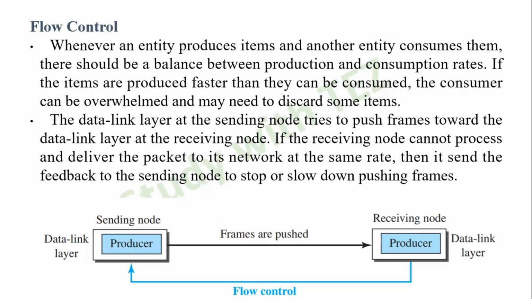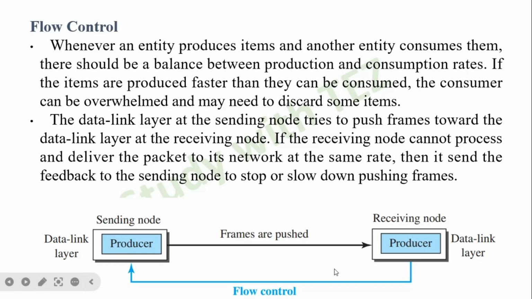To overcome that, one solution at the data link layer is this: the producer, the sending node, pushes frames towards the data link layer at the receiving end. If the receiving node cannot process the data at the same rate at which it is receiving it, to deliver to the network layer, the upper layer, it says no, I am not able to work at your speed.